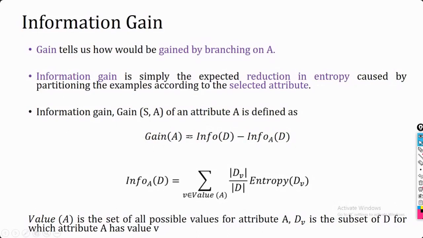In order to calculate the gain, we calculate the entropy with respect to your D, which is for your whole data, so what is the entropy present in your data, and the entropy for your data with respect to a particular attribute.